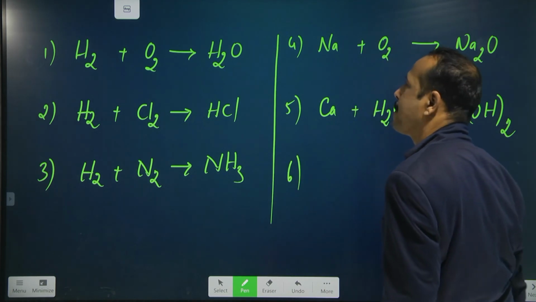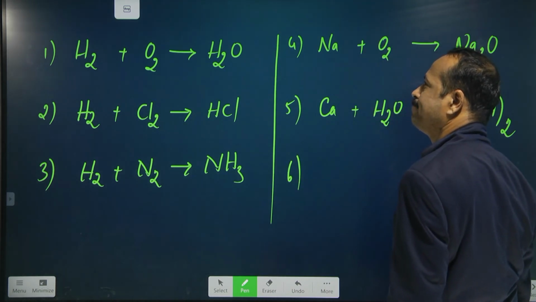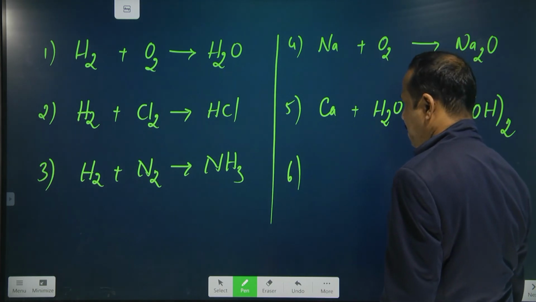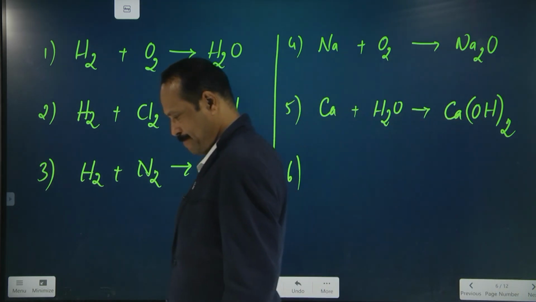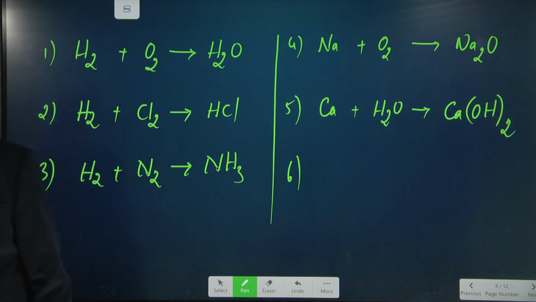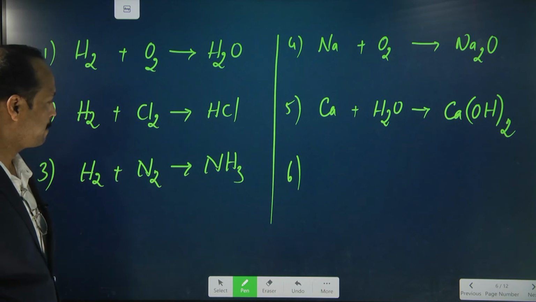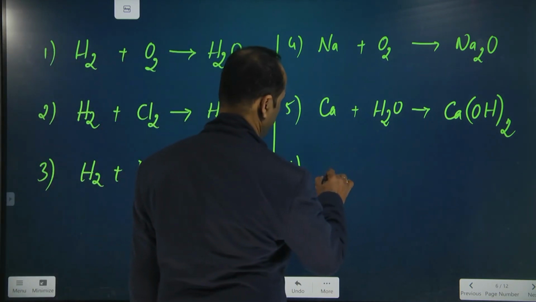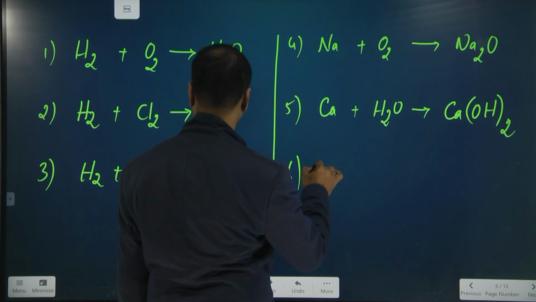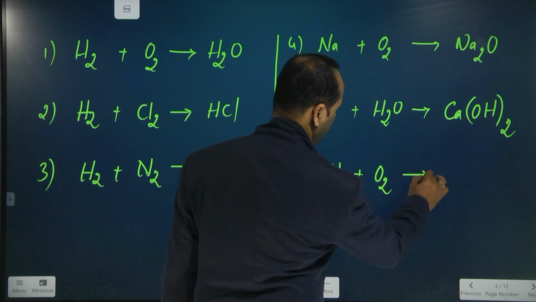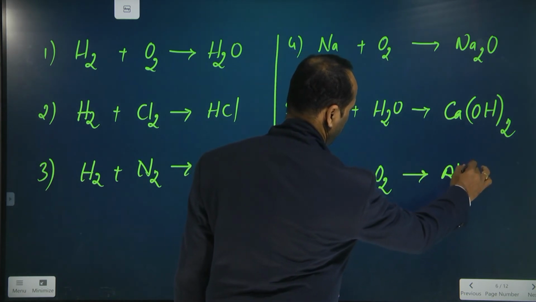Sixth one, what can I write? Calcium is done, no? Aluminum plus oxygen gives rise to aluminum oxide, Al2O3.